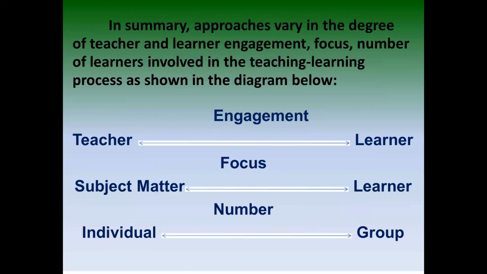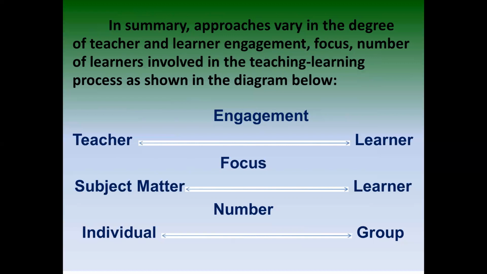So in summary, we will conclude that approaches vary in the degree of teacher and learner engagement, that is, how much teachers are engaged and how much learners are engaged. When we talk about the teacher centered approach, the teacher engagement is more, and when we talk about the learner centered approach, the learner engagement is more.